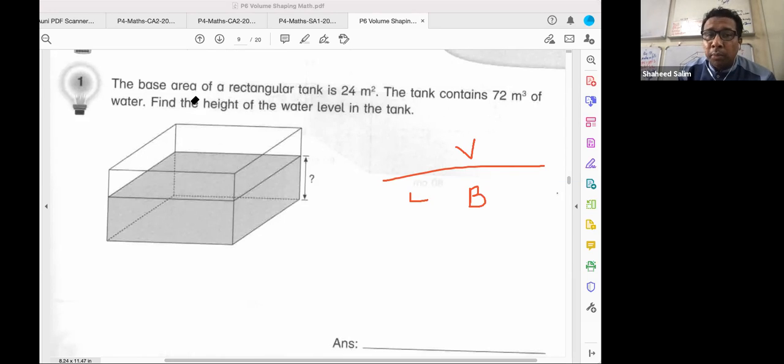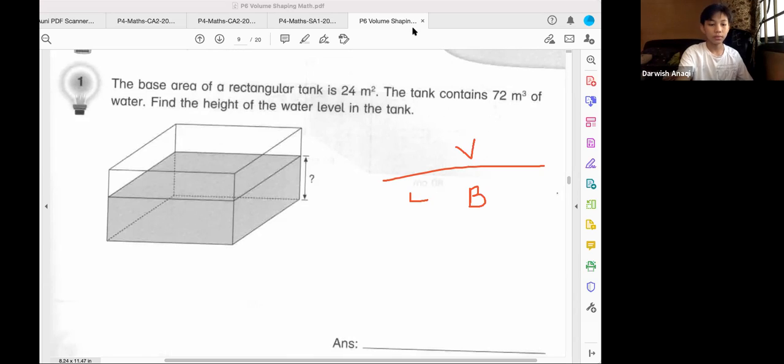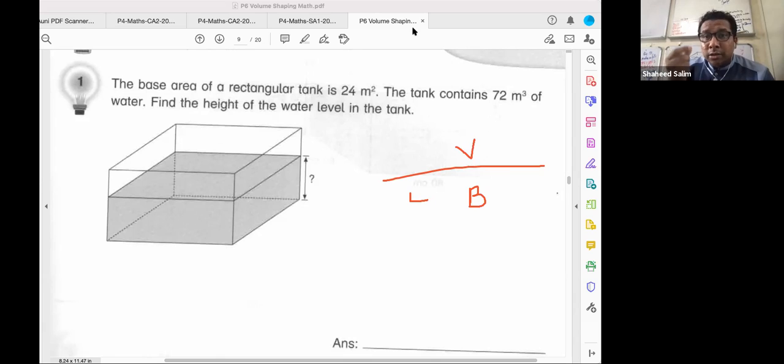This one, they give you volume of the water. So volume divided by length times breadth gives you height. So well done. The answer is 3. Is the unit 3 meters square or 3 meters cube? 3 meters only, because this is not square or cube. You are dealing with a height.